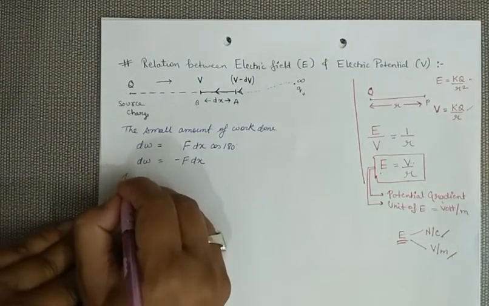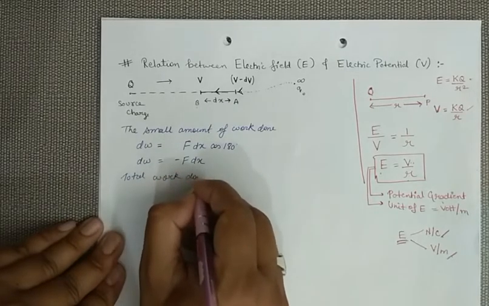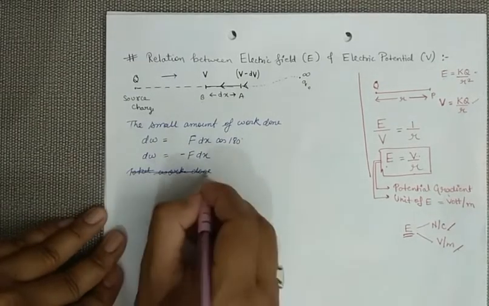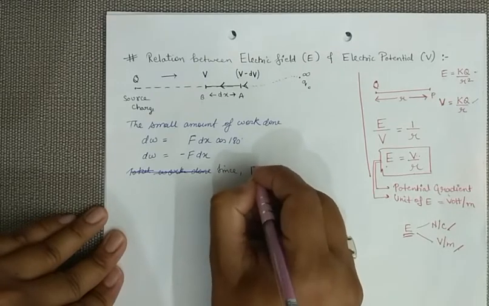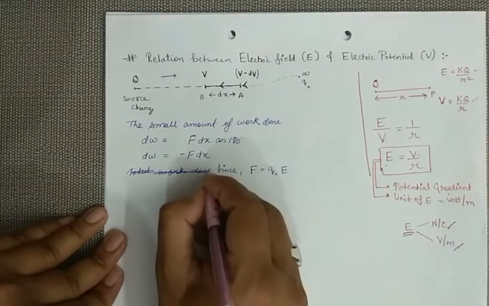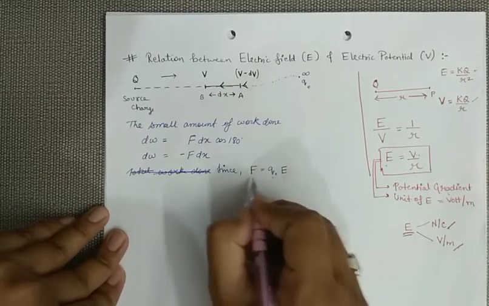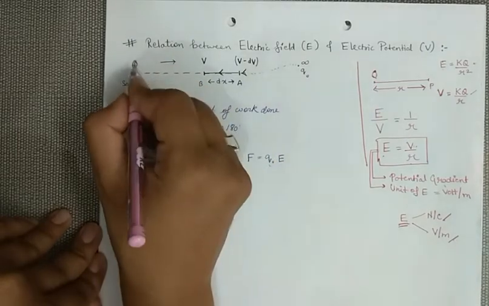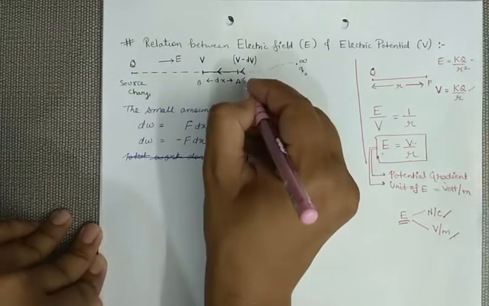So total work done, or you can take one more step. If you remember, force can also be given as q naught times E. In our previous chapter we have seen that a charge placed in an electric field experiences a force F. Because of this charge there will be an electric field in this direction, and the charge here is q naught.